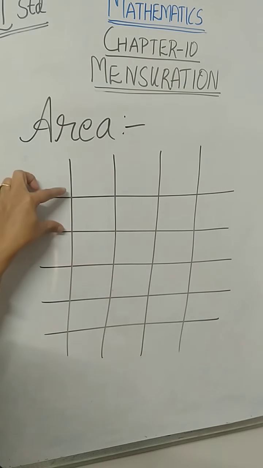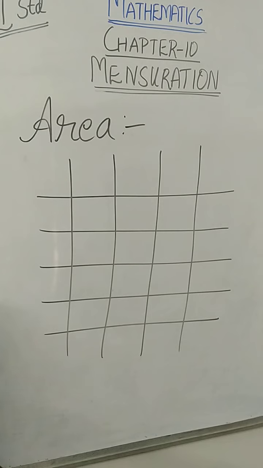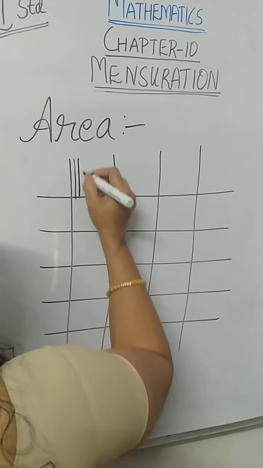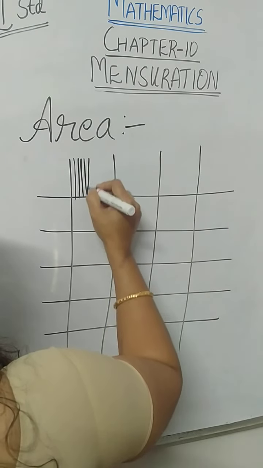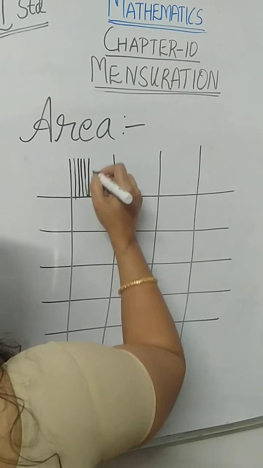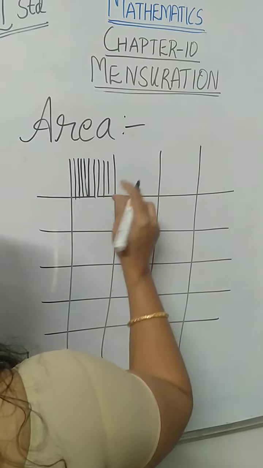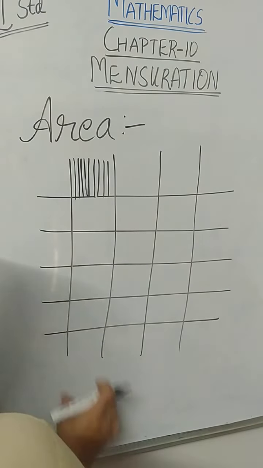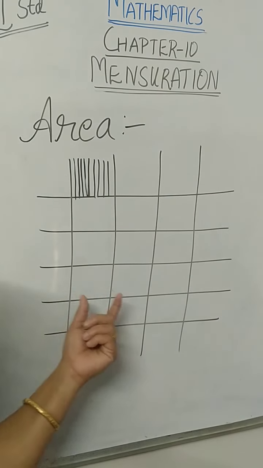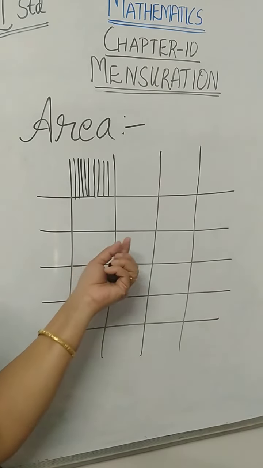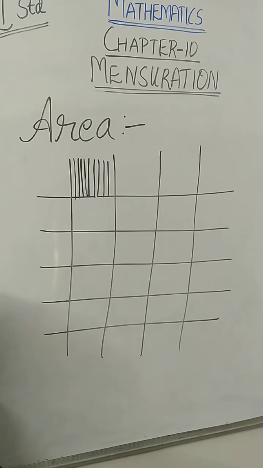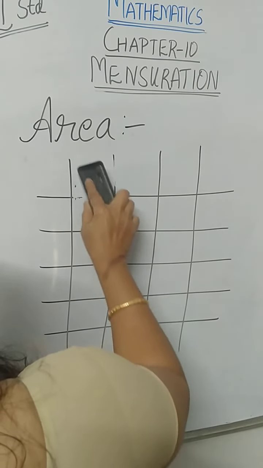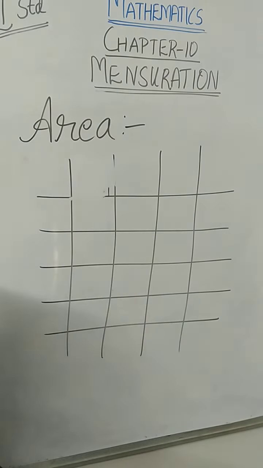So this box has 1 centimeter of length and 1 centimeter of breadth. And in between you might have seen there are smaller lines like this. There are 10 lines like this. 8, 9, 10. Okay. This is a model of a graph sheet. It will be in pink or green or sometimes even in black. Whichever figure you want to know the area of, just draw it on this graph sheet or graph paper.